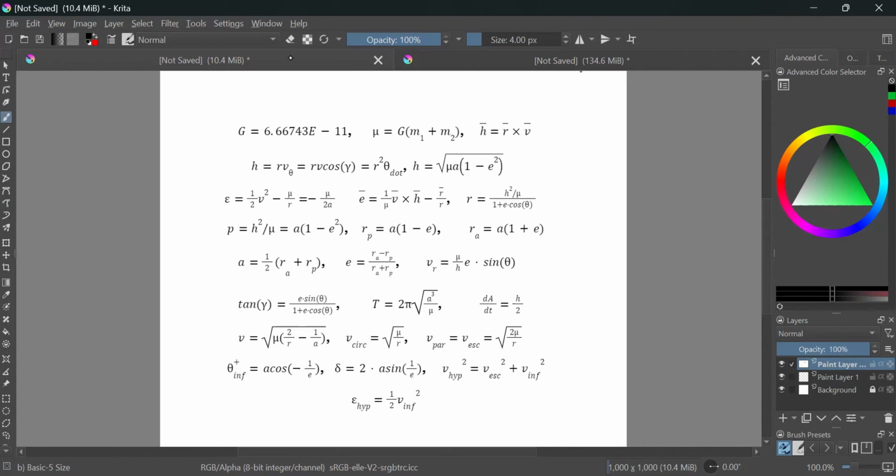Okay, I've had my fun. So, yes, we solved all of these equations for a closed loop 2-body situation, but it turns out that most of these equations are versatile enough that we can use them for a hyperbola, for a hyperbolic trajectory.